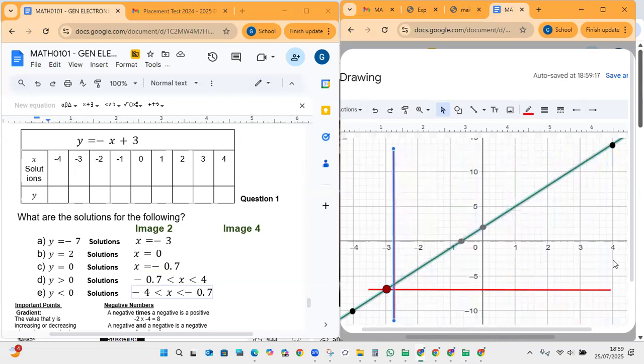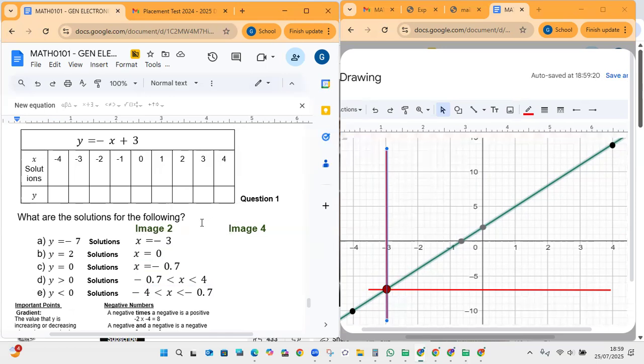This is the solution. So always associate the word solution with the x value. Whenever they ask you for the solution, 99% of the time, your answer has to be x equals. Okay, so that is for image 2. Image 4, we have not completed the table yet. To draw the graph, we need to do that to answer image 4.